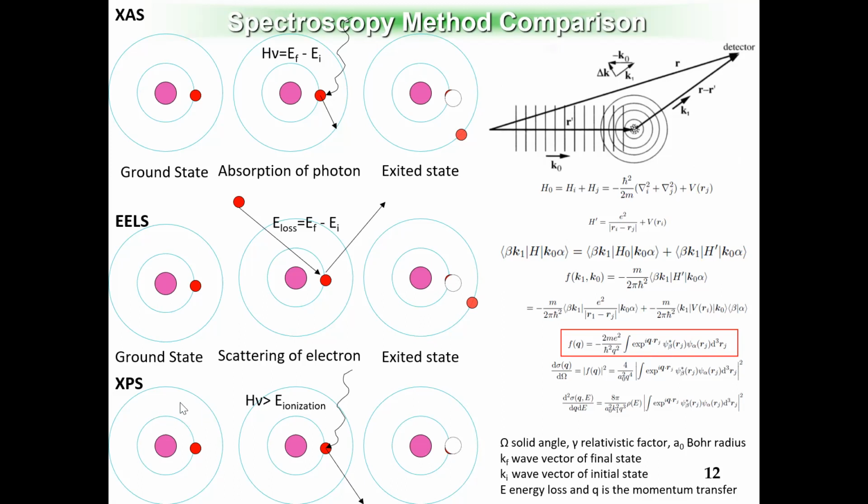The difference for XPS is that X-ray, this is photon the same, but this core electron will be hit to the continuum band or vacuum level, right? It will not stay within the atom, but will be hit up to the vacuum level, and that will be the continuum band.